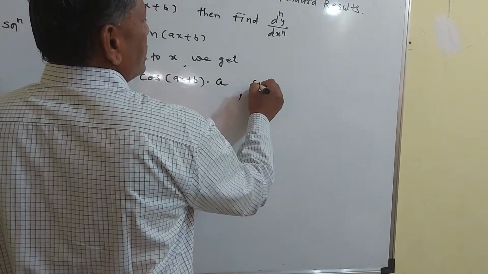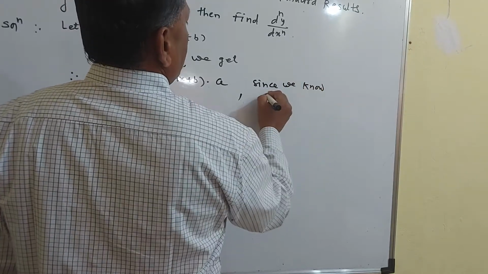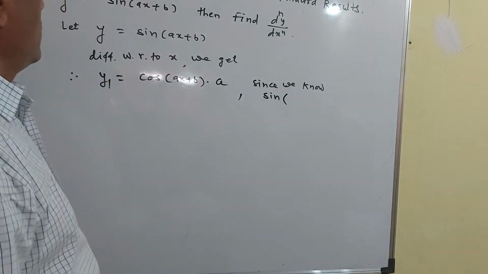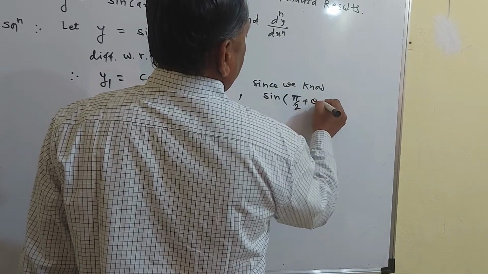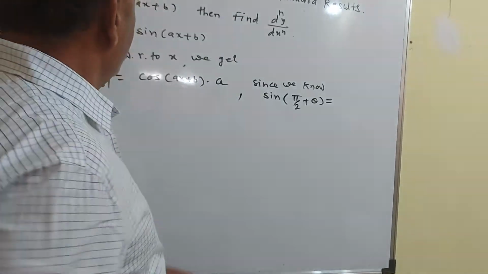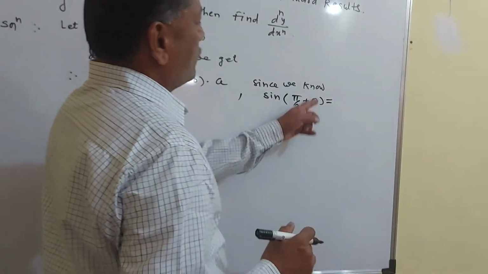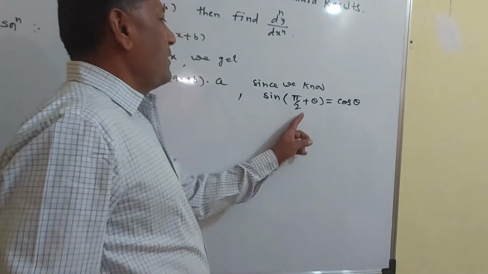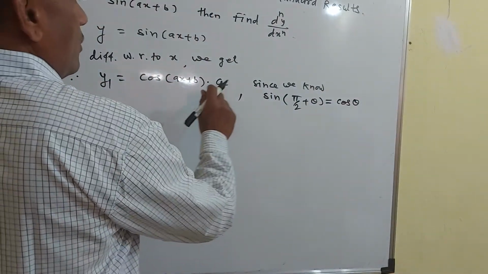But we know the formula that sine of (pi by 2 plus theta) is equal to cos theta, or sine of (pi by 2 plus x) is equal to cos x. Now using this, what do we get?